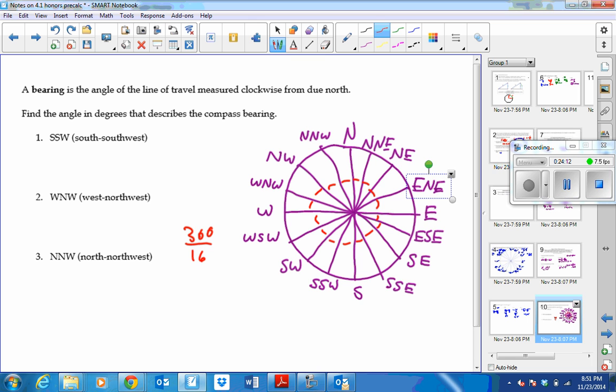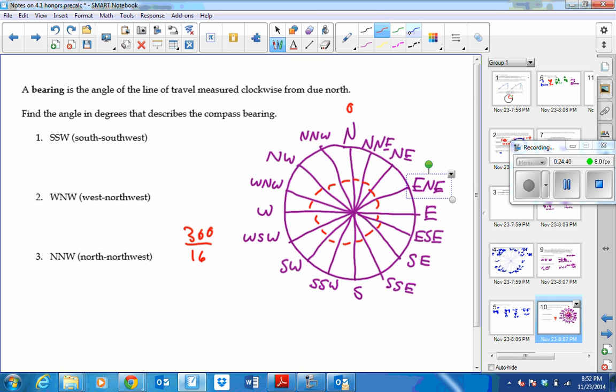Whenever you're figuring out your bearings, you always start at 0 degrees, which is considered to be north. From that northern measurement, we go clockwise, measuring in a direction going around this way.